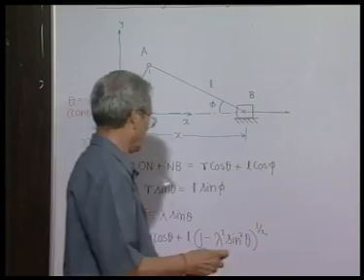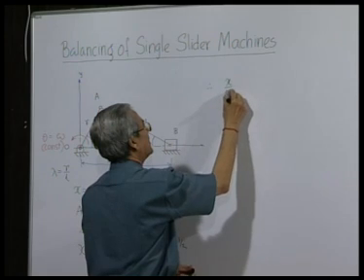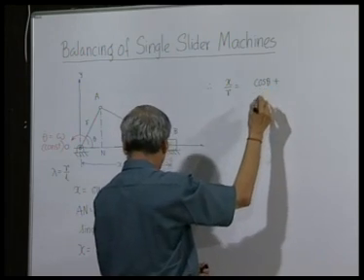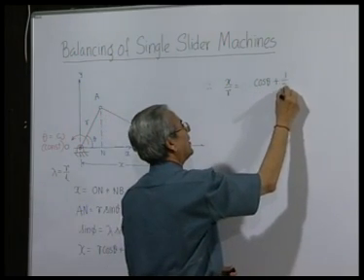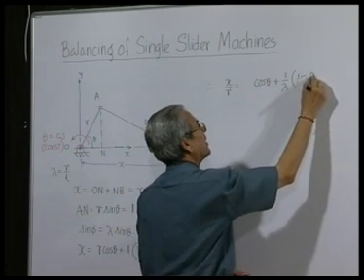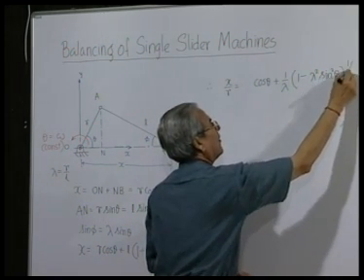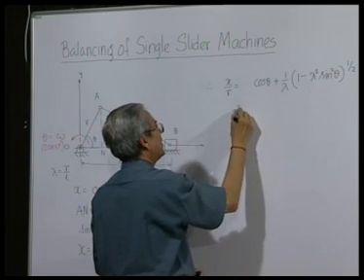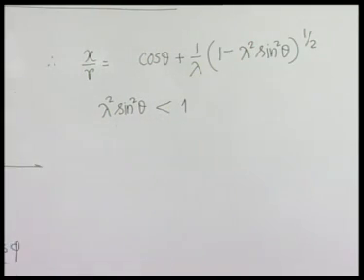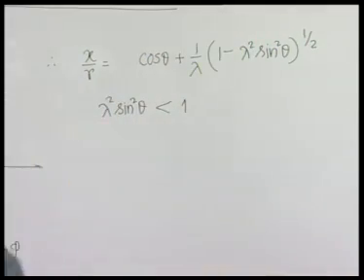And this we can write as x by r is equal to cosine theta plus 1 by lambda into the square root of 1 minus lambda square sin square theta. Now lambda square sin square theta is definitely less than 1, and therefore, we can expand it in the form of a series.